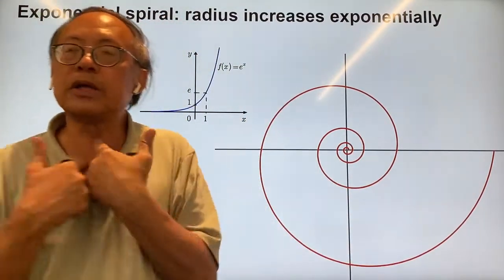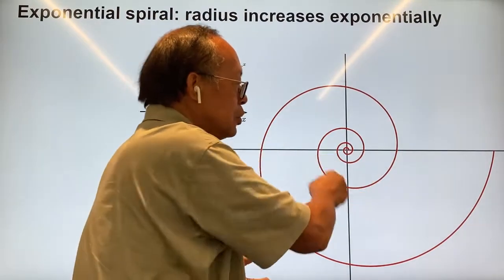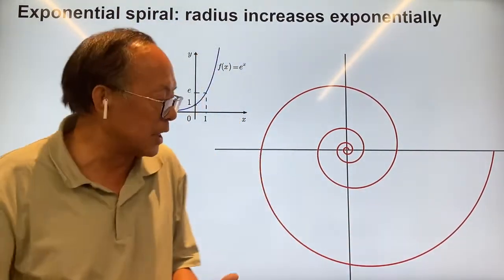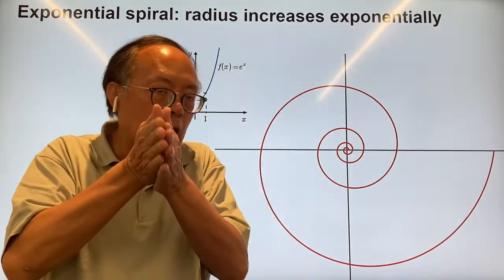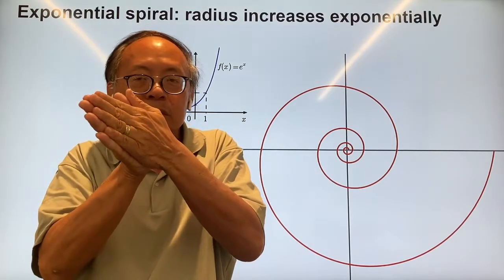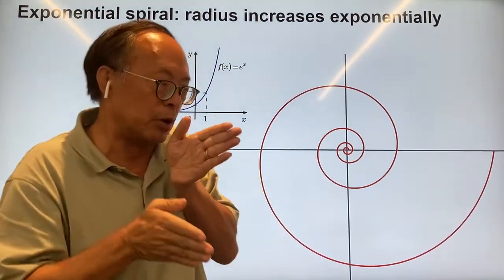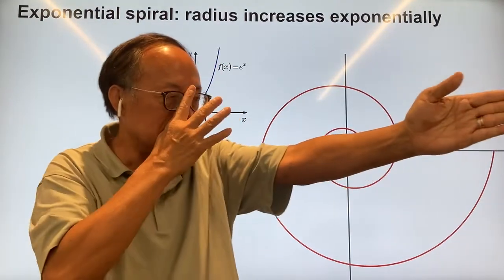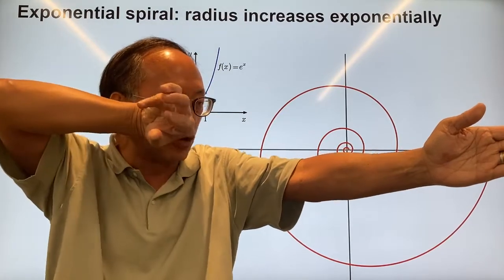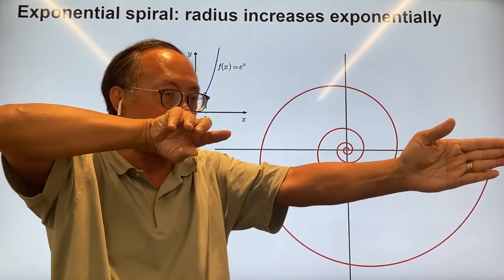For example, if you look at how an eagle will fly towards the center to catch the prey, it follows the shape of an exponential spiral, largely because the eagle literally will cock its own eye, the eagle's eye, at an angle that is different from the flight path. Okay, for example, if the eagle is flying this way, and somehow the eagle turns its head to look this way, or literally the eyeball turns at a certain angle, then the flight.